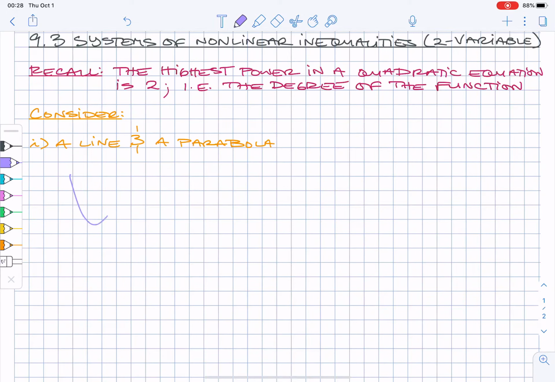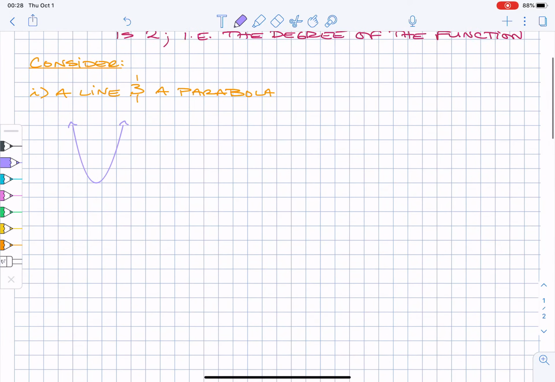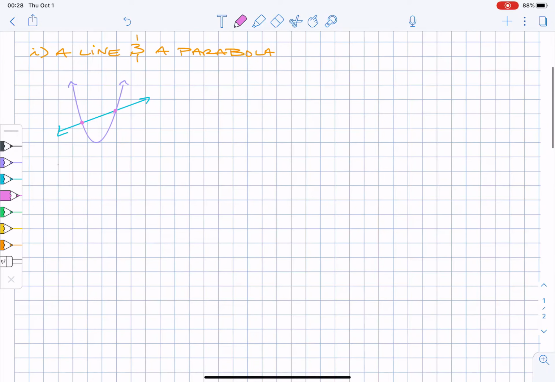I would like to make it symmetric. Okay, so let's say we have a parabola and a line. So this will be case 1, where they have 2 shared points.